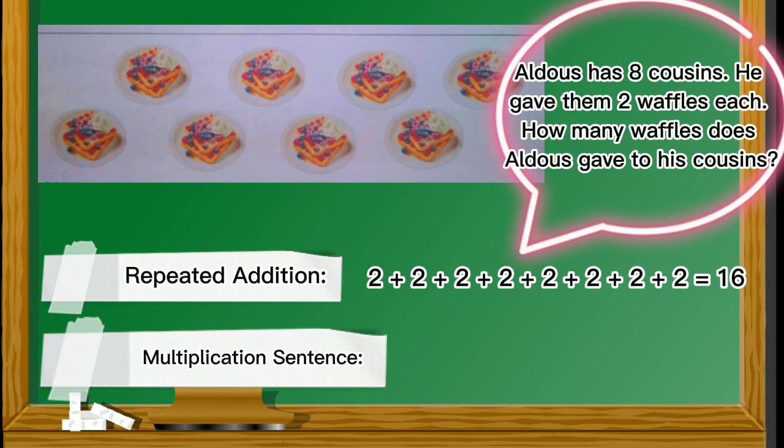Yes, very good. Now, what is the multiplication sentence? It will be 8 times 2 is equal to, okay, very good, 16.